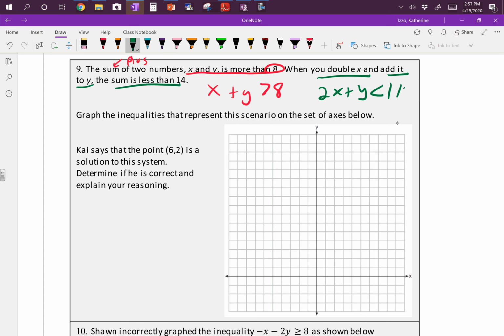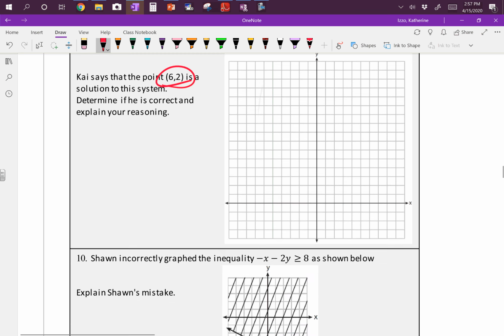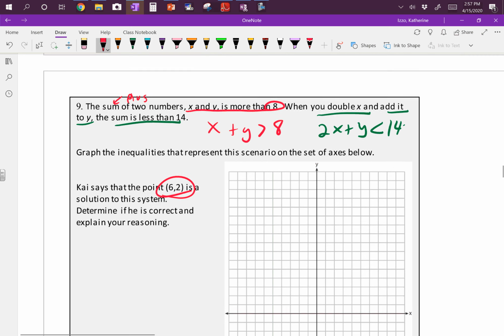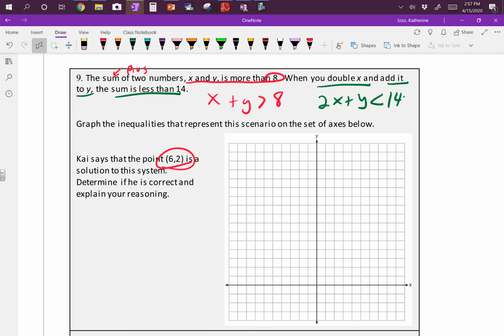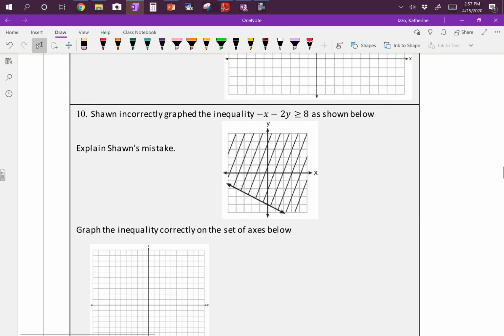Less than 14. Okay. These are the two inequalities. Graph the inequalities. Kai thinks this is a solution. Determine if it is actually a solution. I'm going to let you do number 9. At least see what you can do.